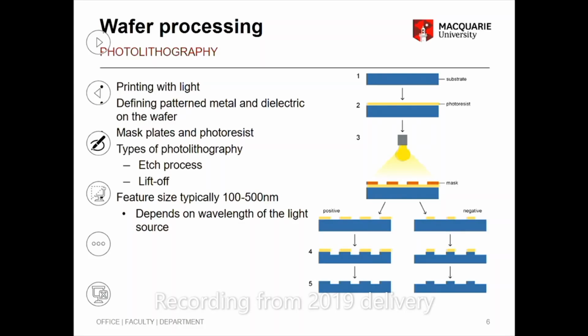So you have a substrate, then a metal layer, and then a photoresist. Photoresist is when you expose it to light, it can make a pattern, and then you can wash away the rest.